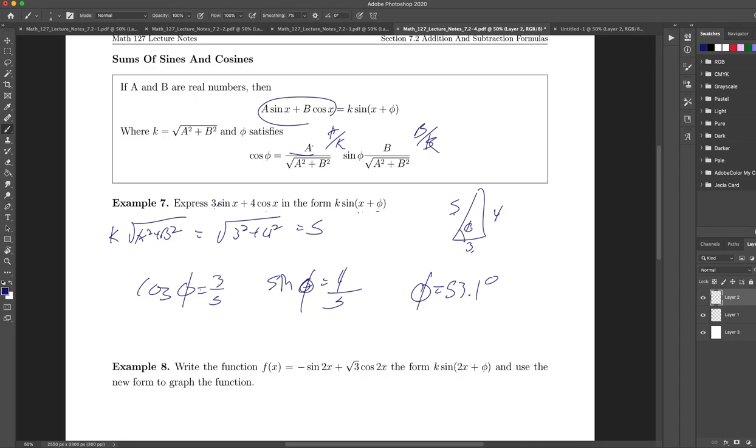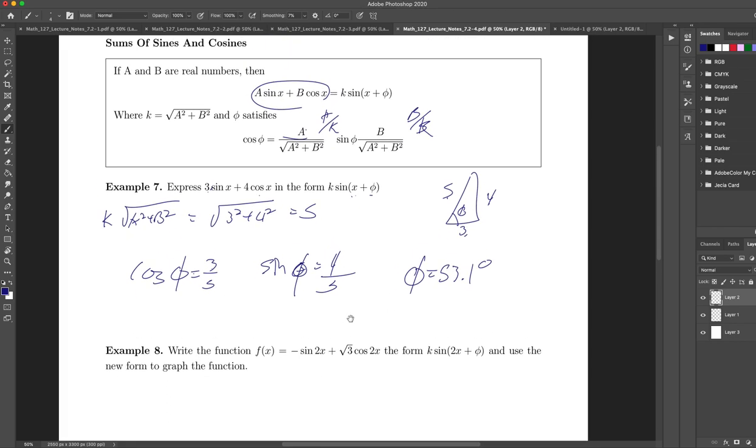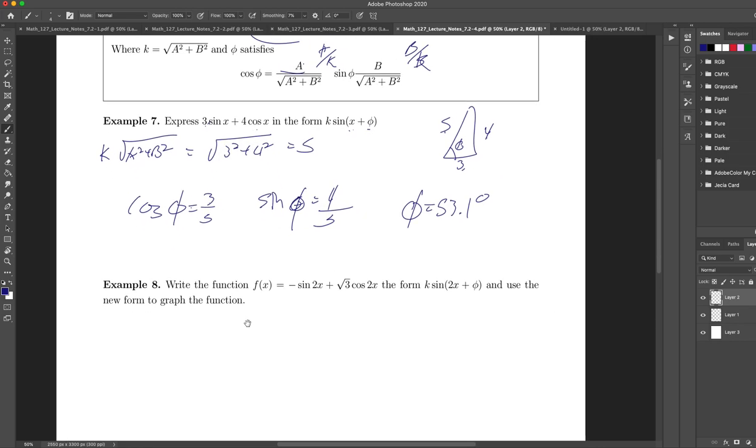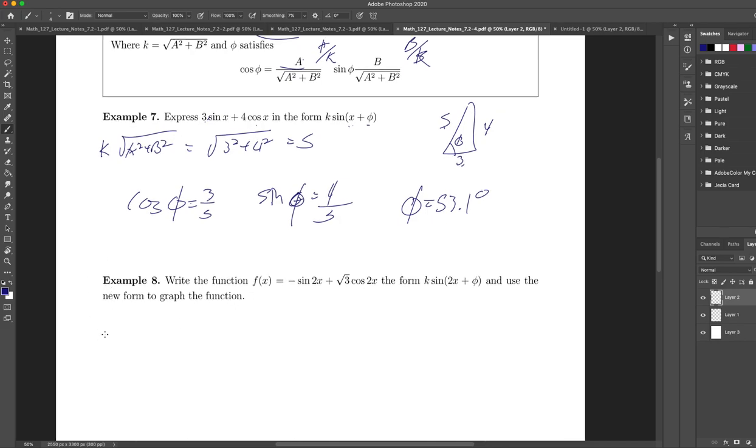All right, let's quickly touch on this very last one. Let's do one more problem real quick, so you get used to it. So here we have 2x. Well, do I have 2x here? No, so we're going to take this x and pretend it's 2x for a second. You can do this for any size. And here the k is still the same.